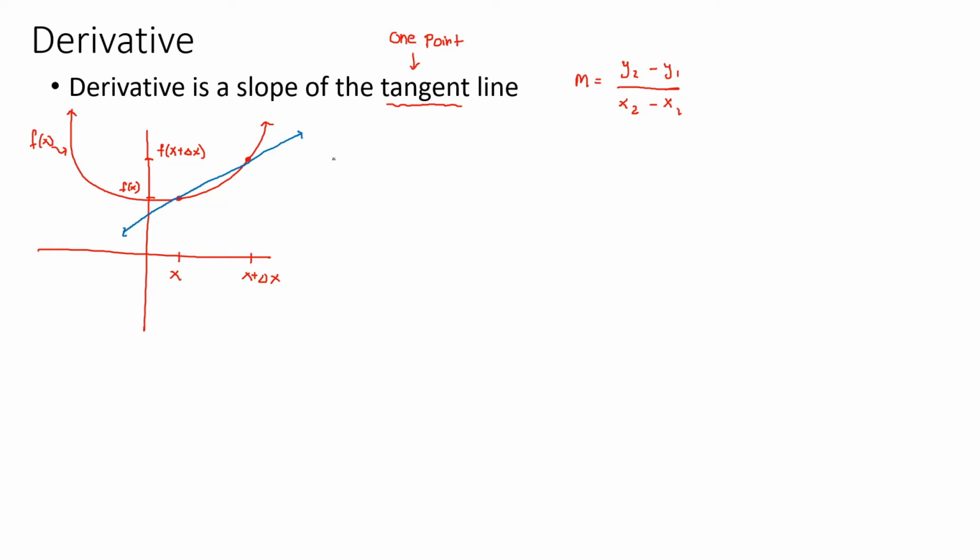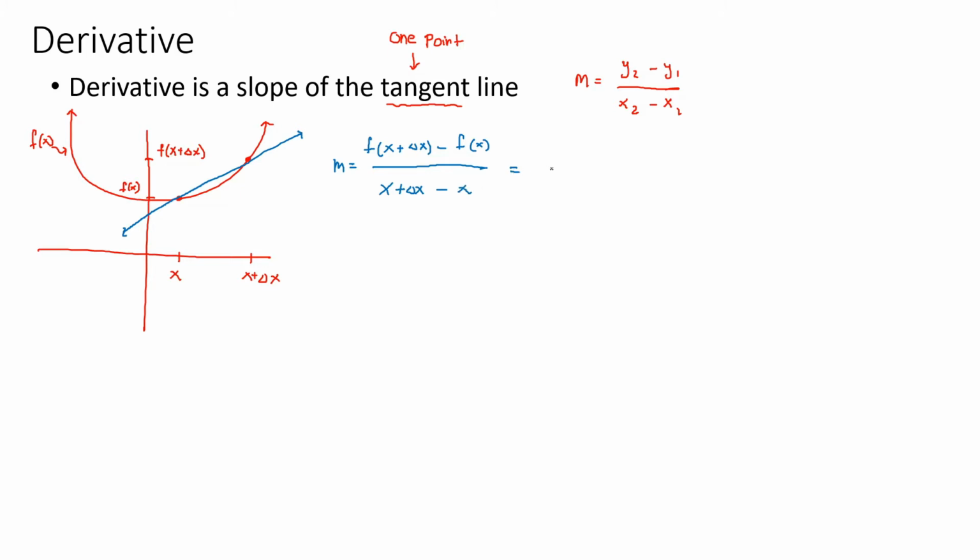So in our case, the slope of that line will be f of x plus delta x minus f of x, y2 minus y1 over x2 minus x1. The points being x plus delta x minus x.